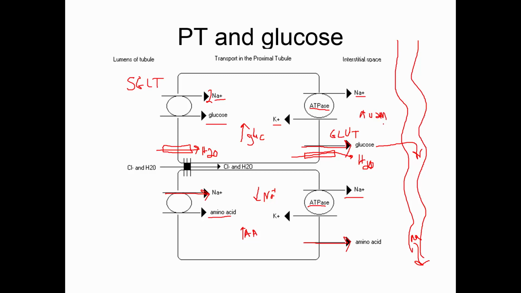So the osms go up locally, water follows, and then we return to 300 milliosmolar. So as we're moving along the tubule, we're removing the water, we're removing the sodium, we're removing the glucose, we're removing the amino acids, and guess what?